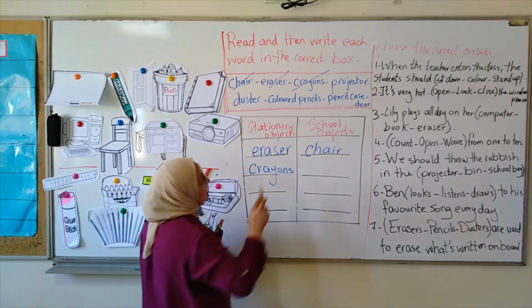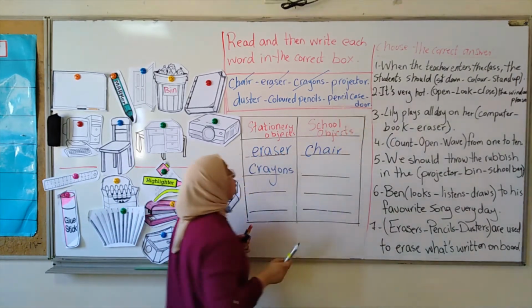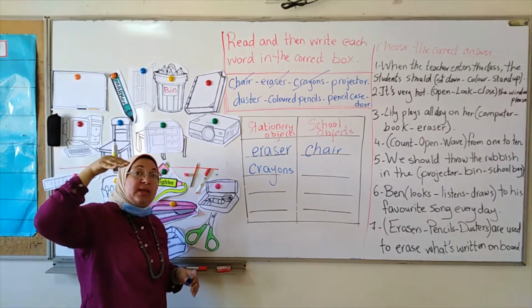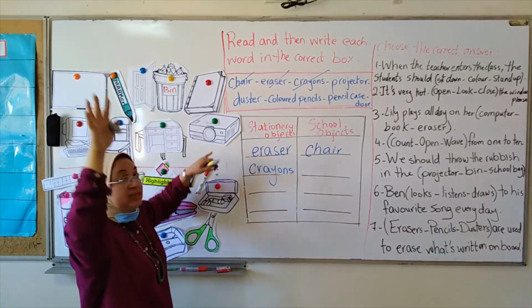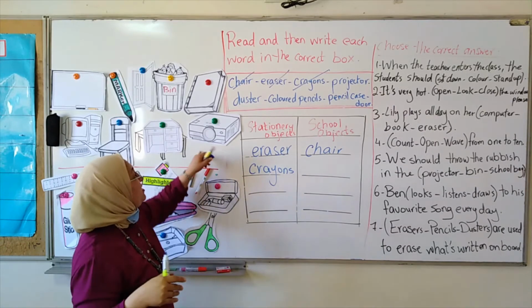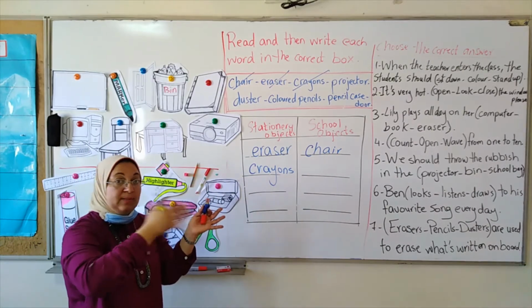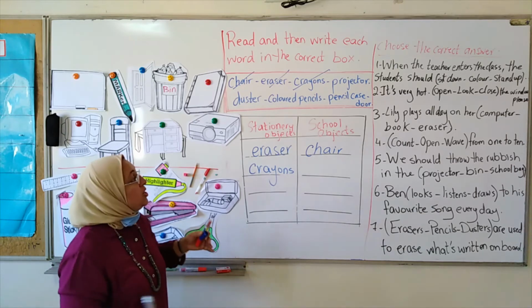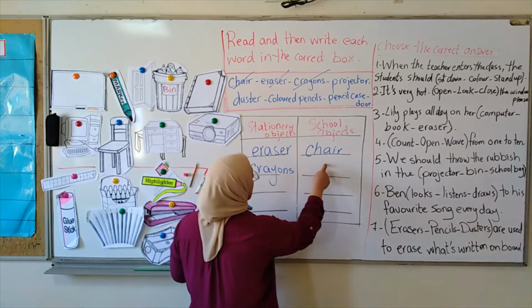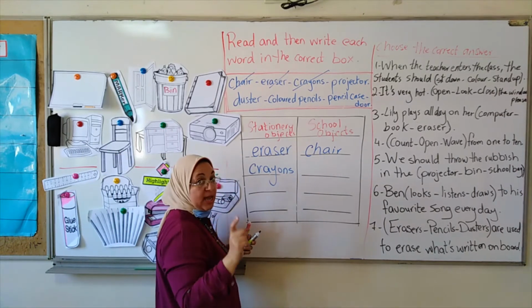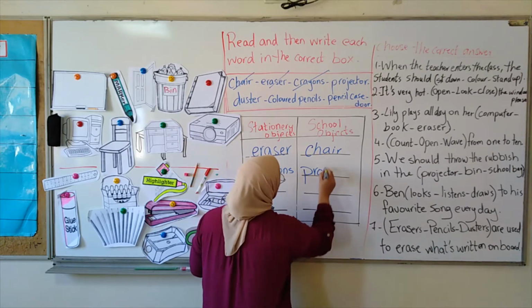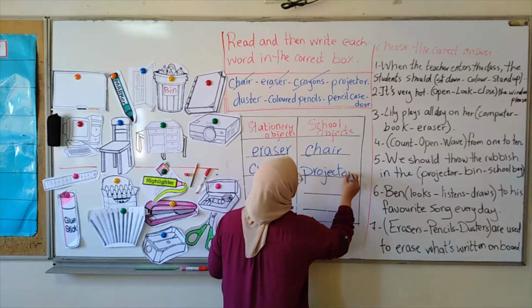Then I have projector. This is the big projector that you find in the class, hanging from the ceiling. Can I put it inside my pencil case and take it home with me? No. I just leave it in the school. So it's a school object. Let's write projector here.